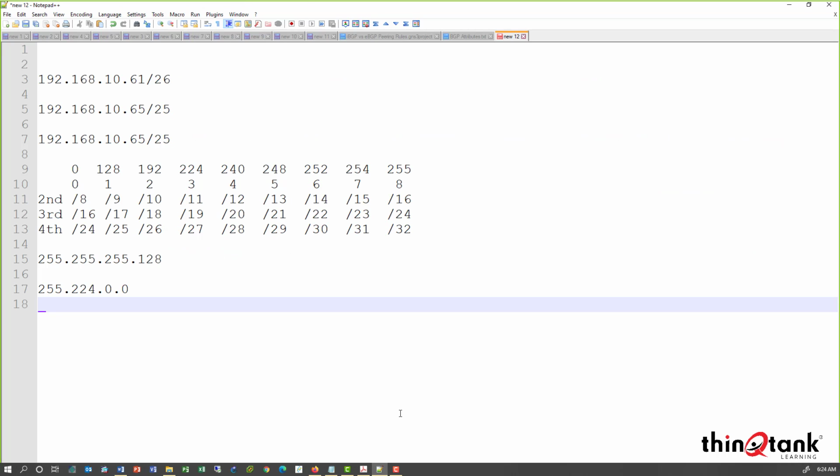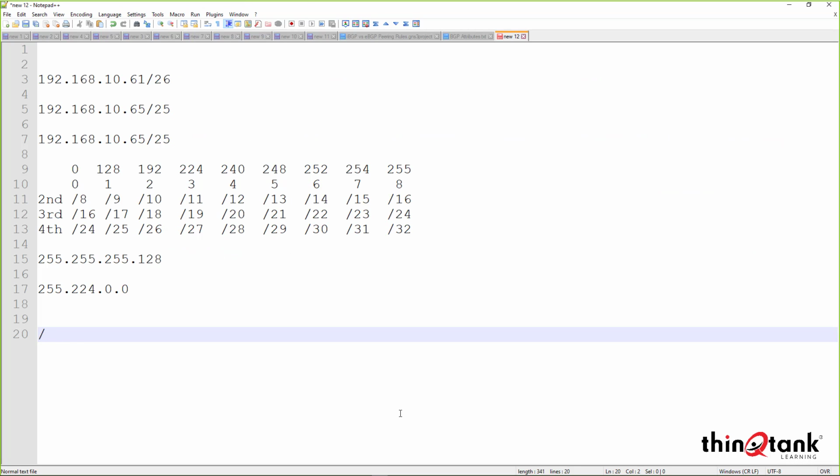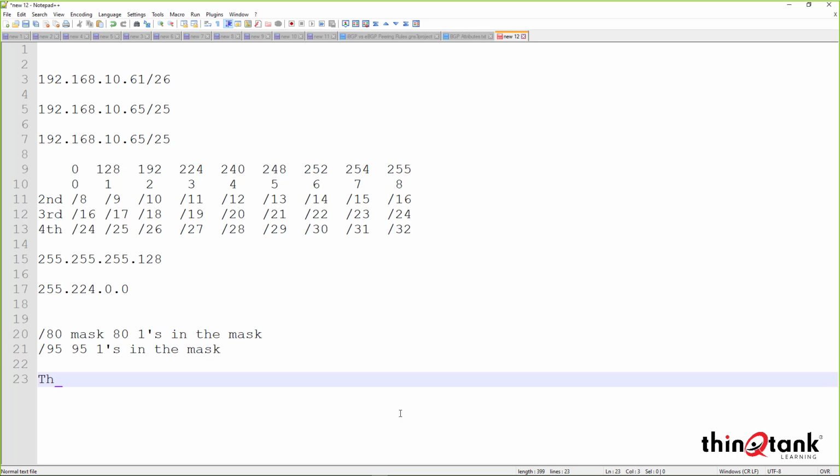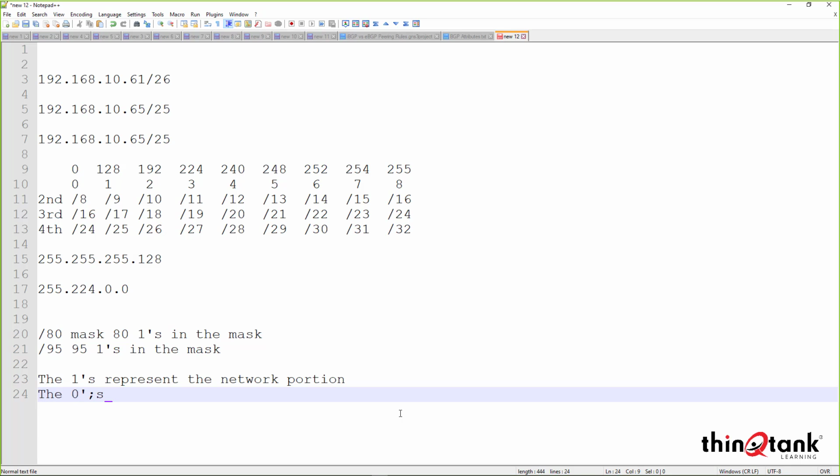Even with IPv6, if I said it's a /80 mask, that means 80 ones in the mask. If I say it's a /95, that's 95 ones in the mask. And always, the ones represent the network portion, and the zeros, we're talking about binary values here, represent the host portion.